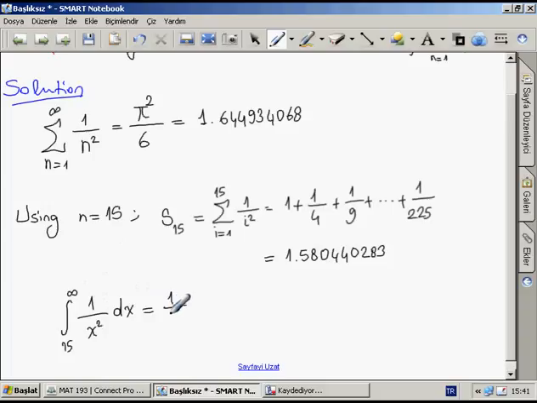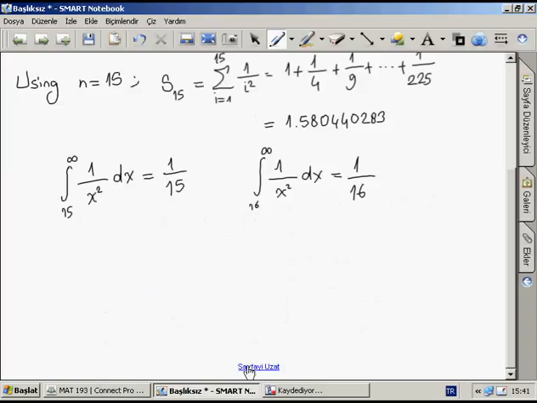is equal to 1 over 15, and the integral from 16 to infinity, that's n plus 1 to infinity, of 1 over x squared dx, is 1 over 16.